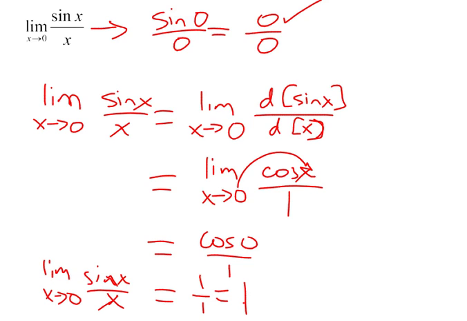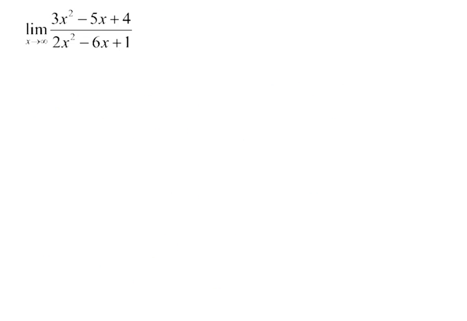Kind of cool, right? Now let's take a look at an example where I'm evaluating the limit as x approaches infinity of 3x squared minus 5x plus 4 over 2x squared minus 6x plus 1.